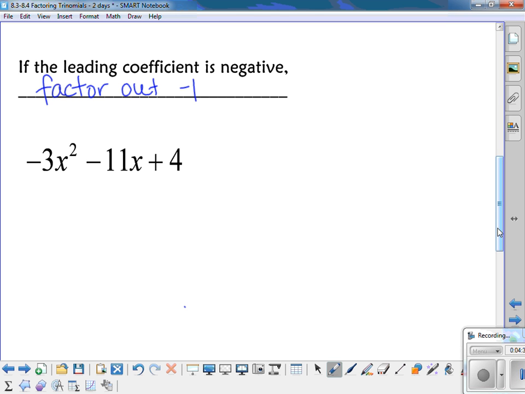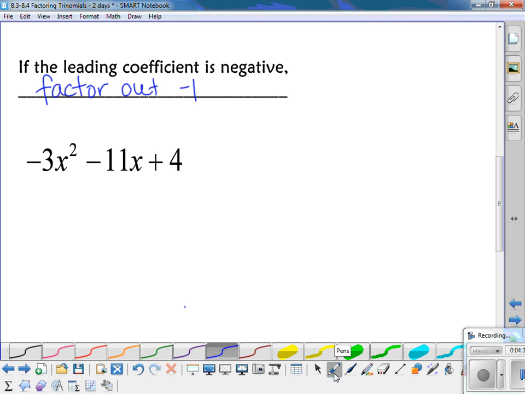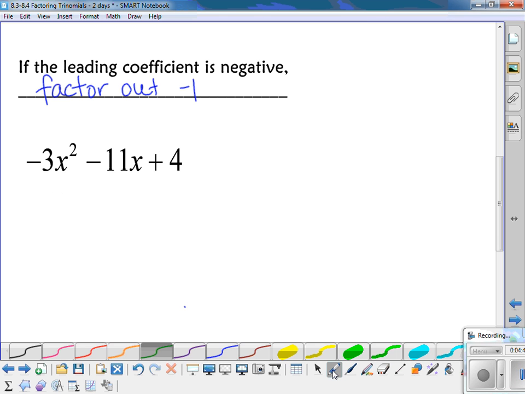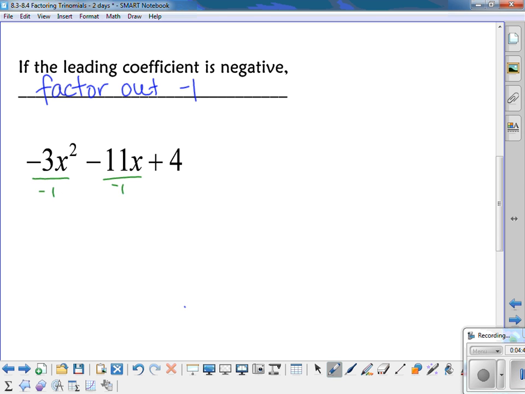So if I have negative 3x squared minus 11x plus 4, I can essentially divide all of these by negative 1 and put what's left inside the parentheses. So negative 3x squared becomes positive 3x squared. Negative 11x becomes positive 11x, and positive 4 becomes negative 4.